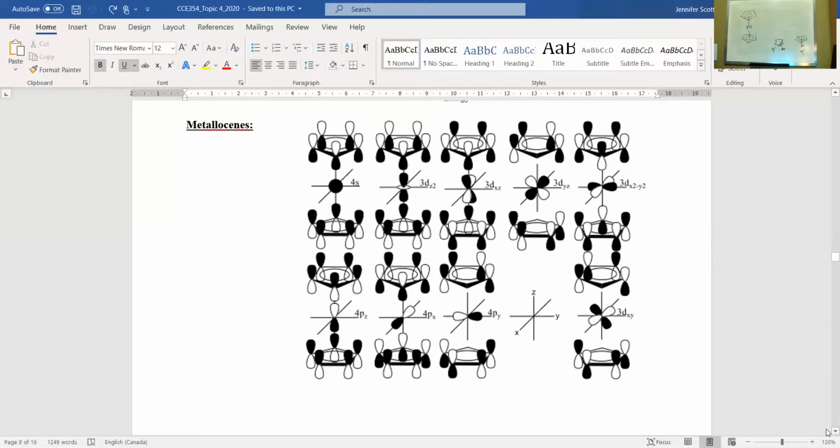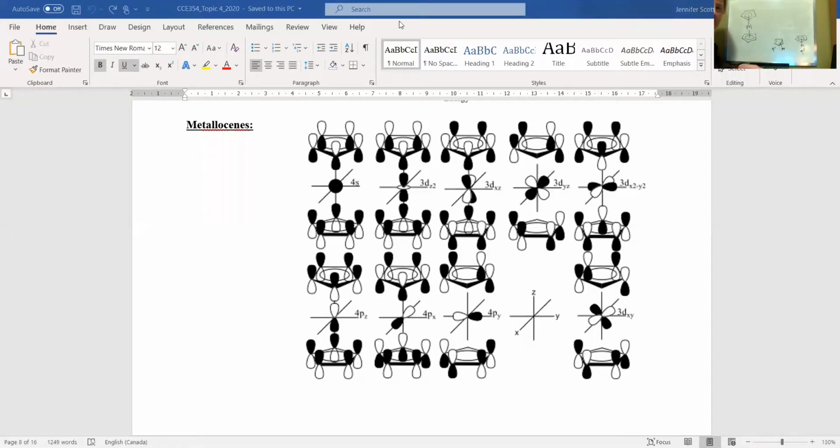Okay, so it's 2 Cps, one on top, one on bottom of a metal. And this picture that you're seeing here is showing, kind of hard to see, so it's way too clustered. This would be 1 Cp, metal, the other Cp. So just right here would be 1, okay?